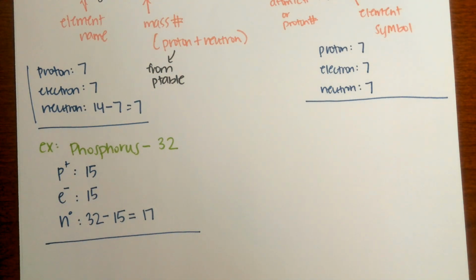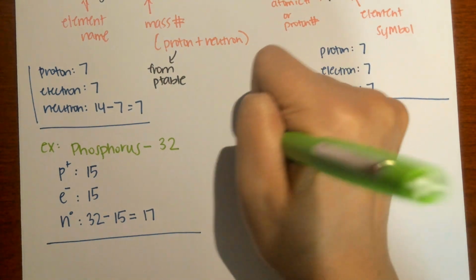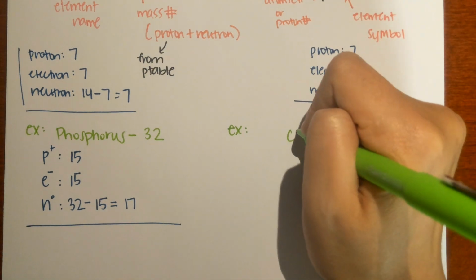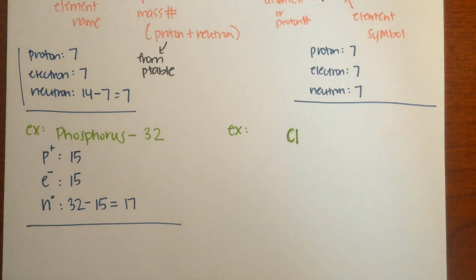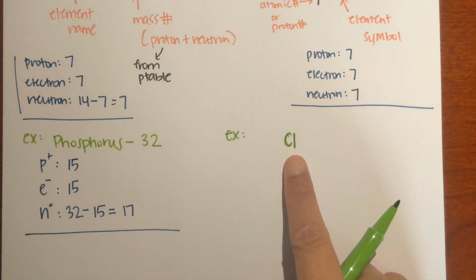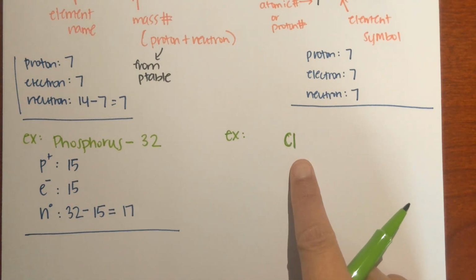Alright, so now I'm going to give you a different notation, the nuclear notation with different elements. Let's say I give you chlorine, so Cl. By the way, this is Cl, not Ci. You'll see chlorine a lot, and it may look like Ci, but no, it's Cl.